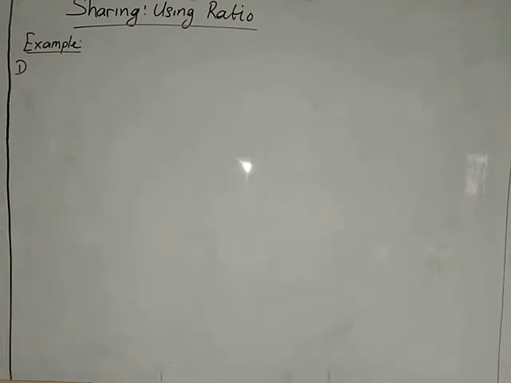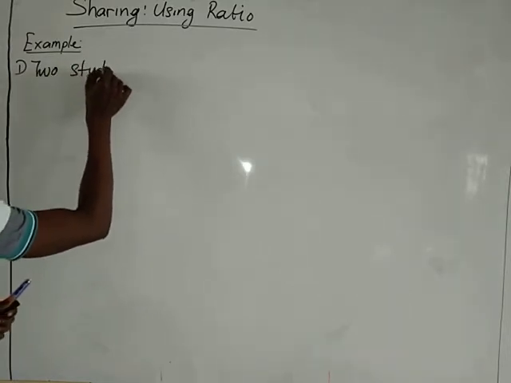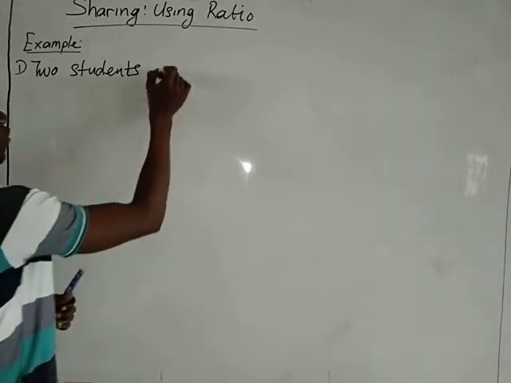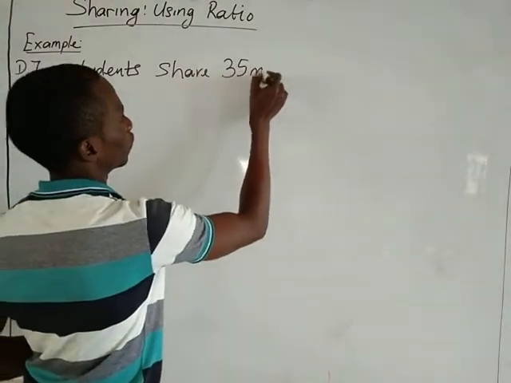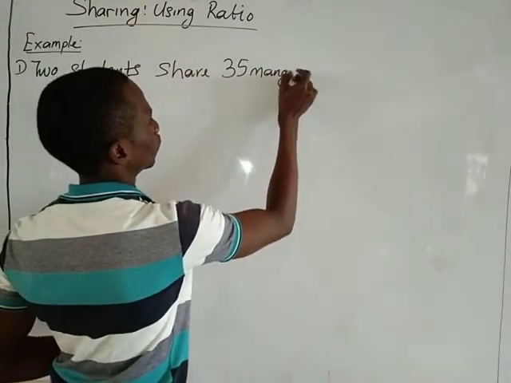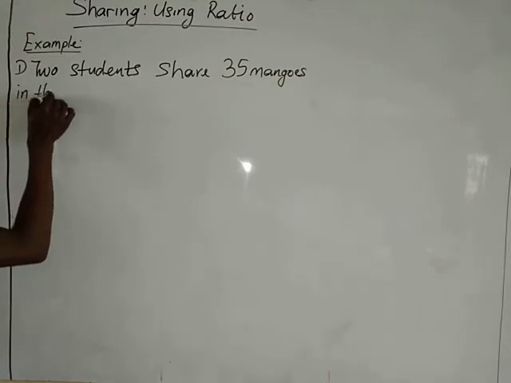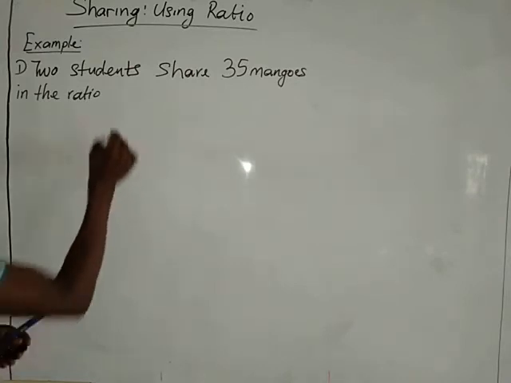Let's take an example. For instance, if I have two students share 35 mangoes in the ratio 2:3.